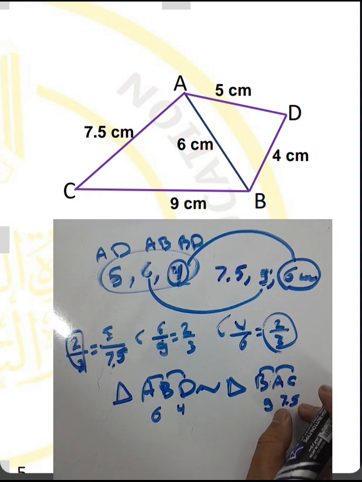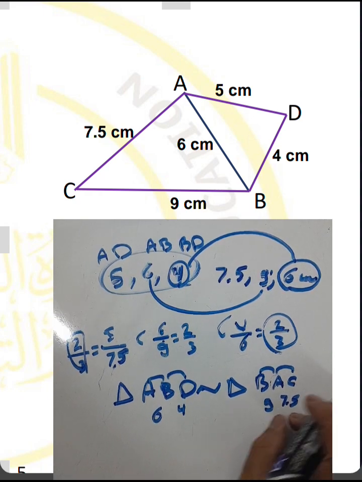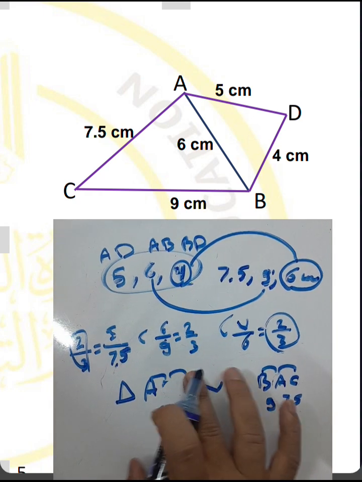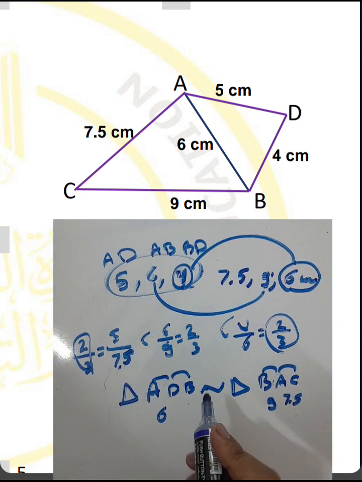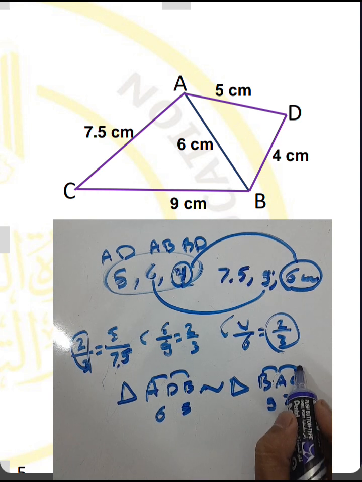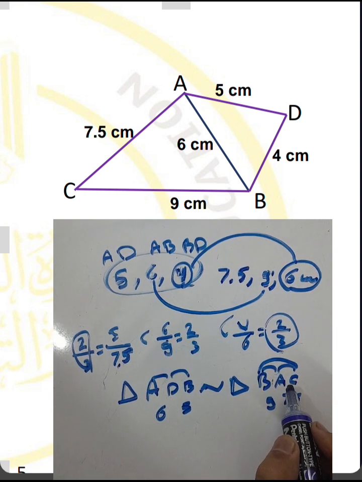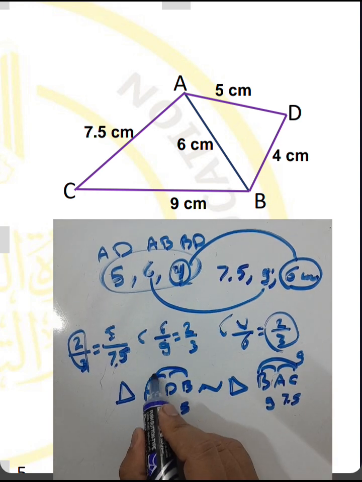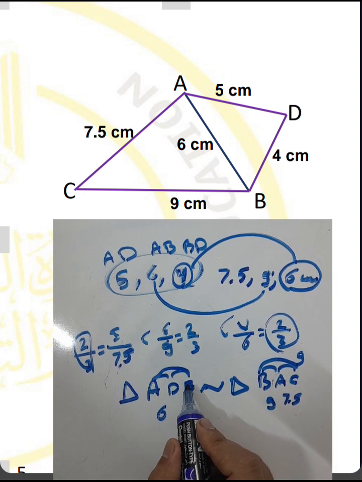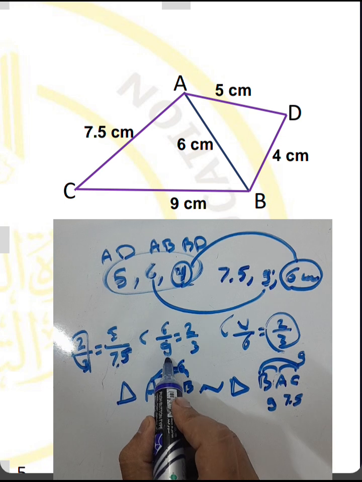And we want 7.5 to correspond to 5, right here DB was 5. Okay, and CB was 9, and BA was 6.